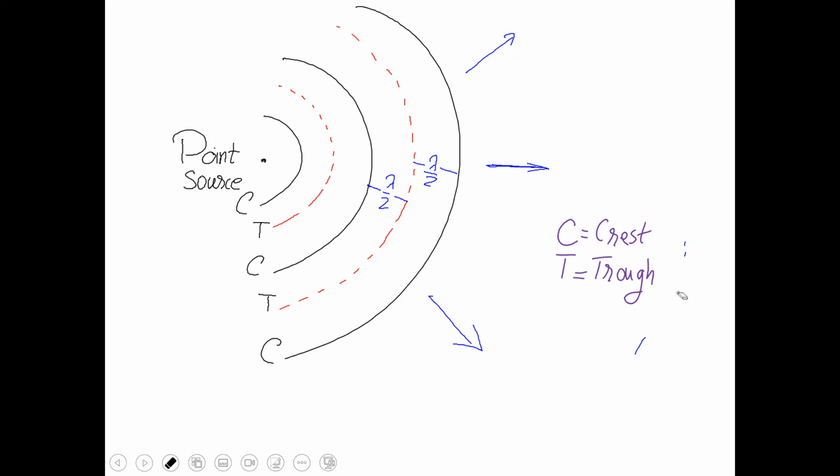So these curves, these lines are called wavefronts.